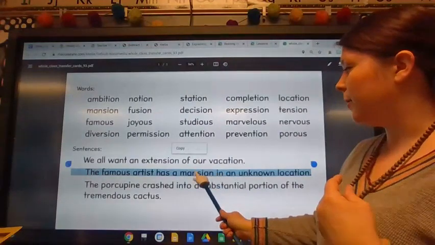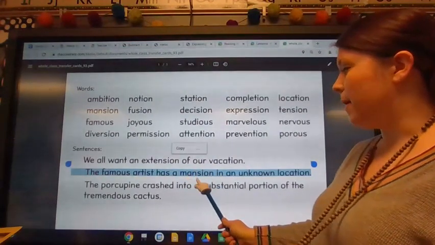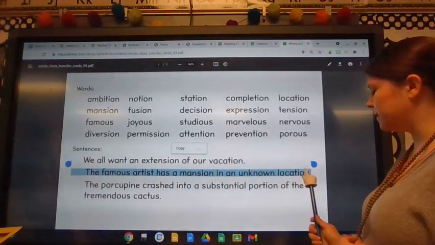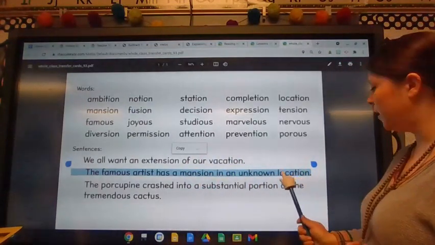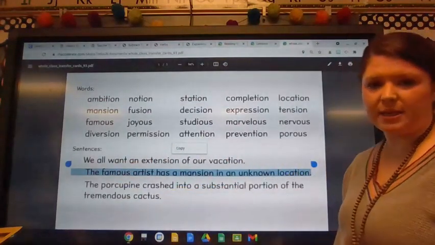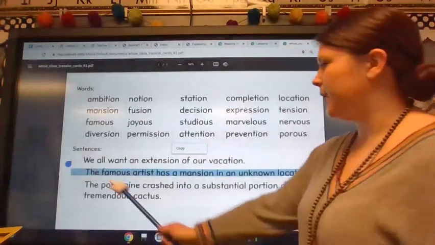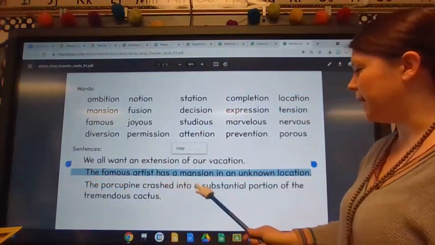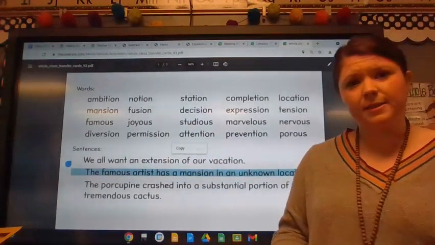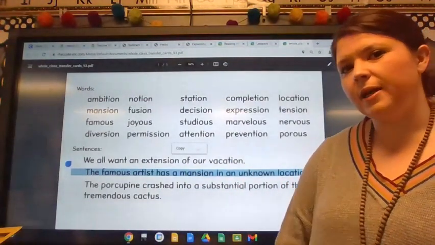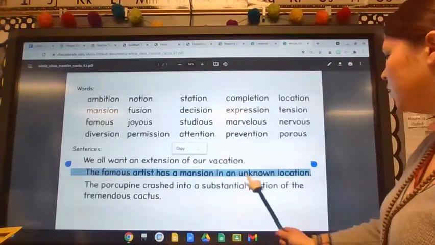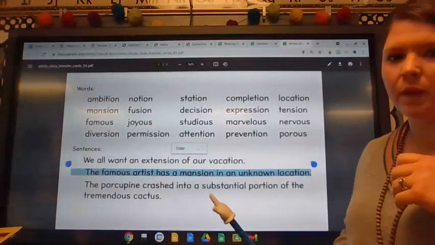Here it's going to say shun because it has an N in front of it. Man, shun, mention. All right, let's look at this last one, T-I-O-N, which says shun. Location, location. Let's go back and read the sentence. Ready? Read. The famous artist has a mansion in an unknown location. Where is the artist mansion? In an unknown location. That means a not known location.